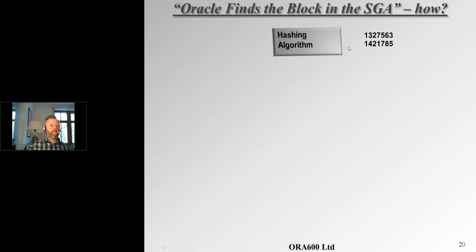A hashing algorithm will always give you the same output for the given input, but it's not unique. There could be several input values which match the same output, but you'll always get the same output for the given input. Depending on how the hashing algorithm's been designed, you'll get 2 or 3 values, you'll get 20 values, you'll get 100 values.